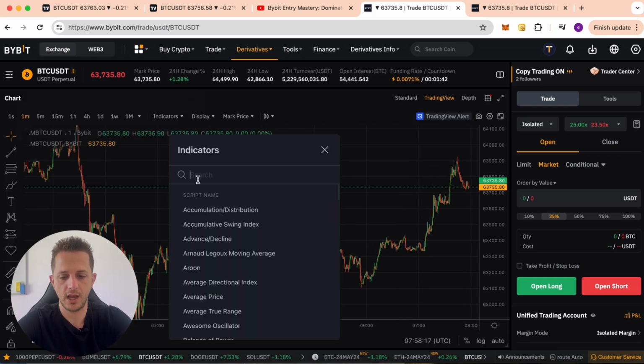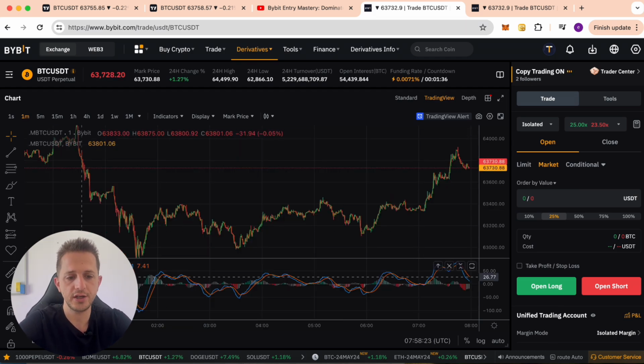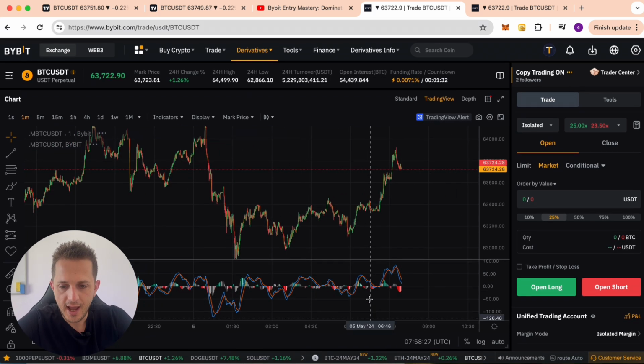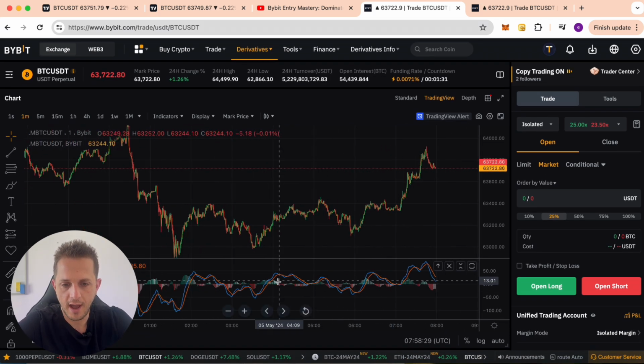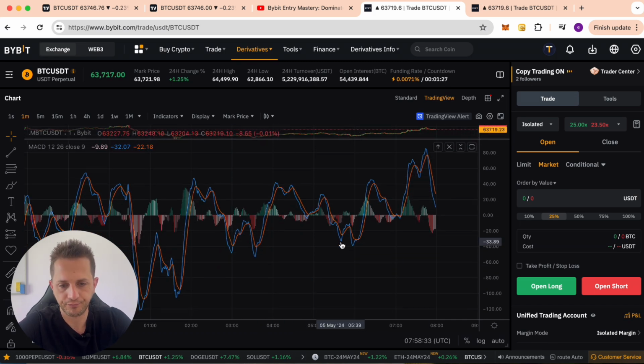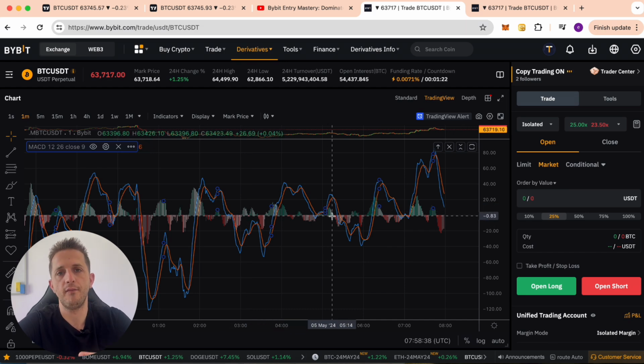As you can see, this is the 1 minute chart, and we need to add our first indicator, called MACD. It stands for moving average convergence divergence, and this is the indicator. We have this histogram in the middle, let me make it a little bit bigger, that indicates the volume.